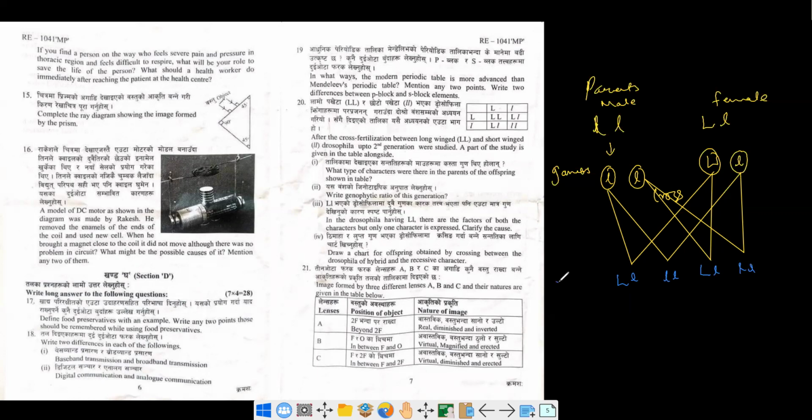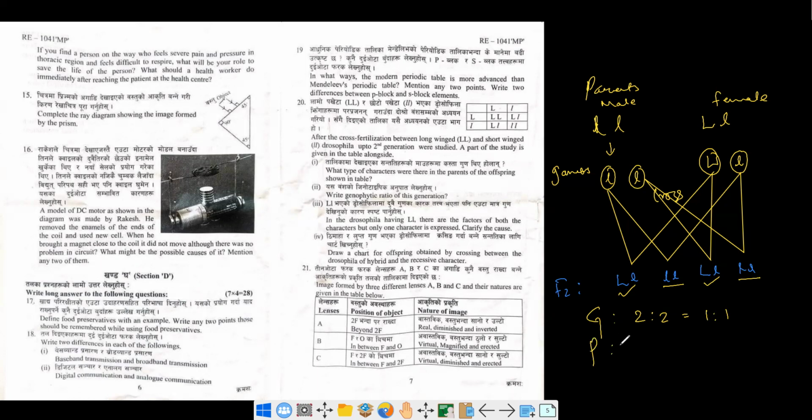This is the second filial generation, so you can see there are two types of genes and two types of characters will be found: small l and capital L small. So here the genotype will be 2:2, that means it is equivalent to 1:1. 50% will be hybrid and 50% will be recessive.